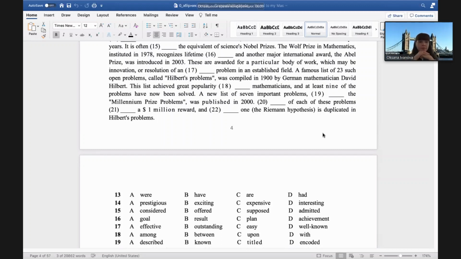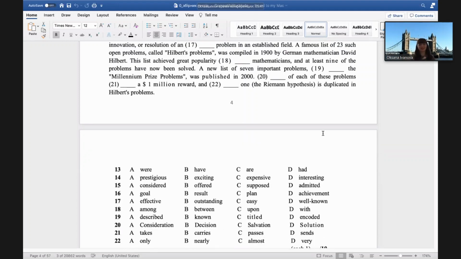Okay. A new list of 7 important problems titled The Millennium Prize Problems was published in 2000. Yes, I do agree. Titled. Solution of each of these problems carries?